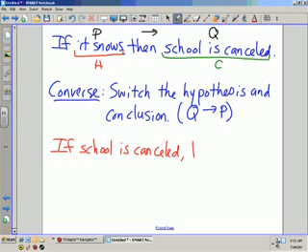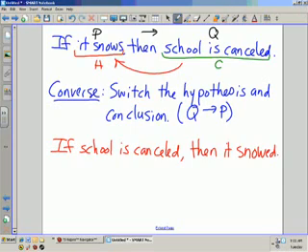If school is canceled, then it snowed. So notice what I've done. I took the original phrase and switched those two parts. That's all you have to do to find the converse of a statement. What used to be the hypothesis is now the conclusion, and vice versa. Please pause the presentation and allow people to catch up.